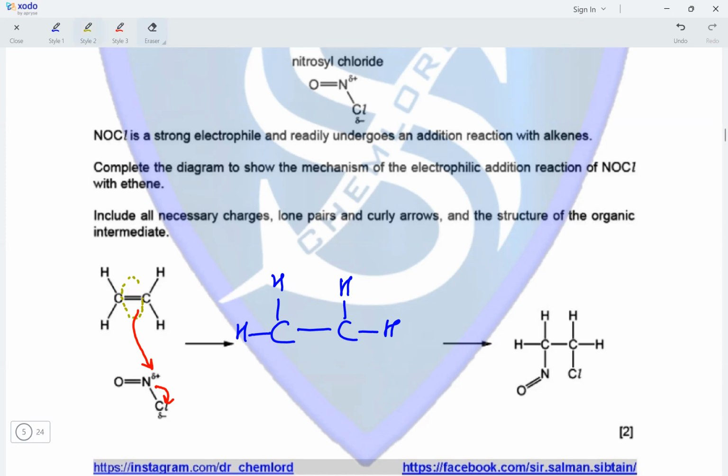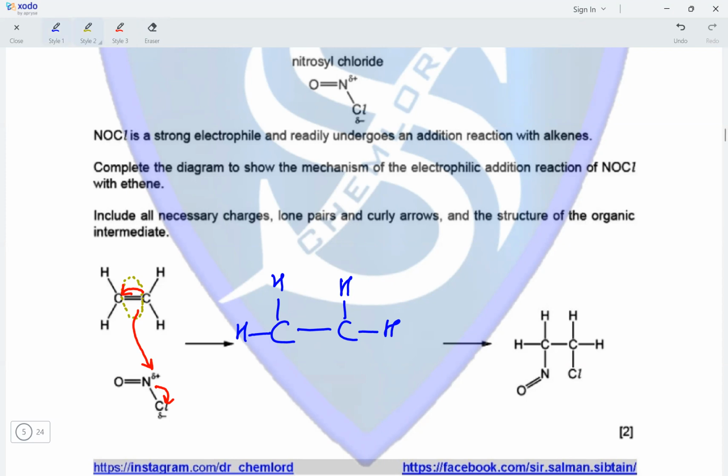It will be broken in the opposite direction because the positive ion would be attracted towards the carbon atom with a negative charge on it, and the head of the curly arrow represents the carbon atom having the negative charge on it. So the N positive will be added onto the carbon on the left.